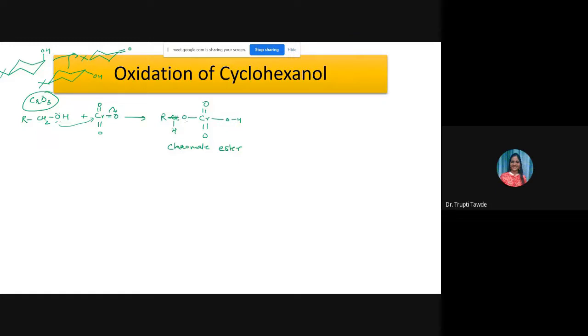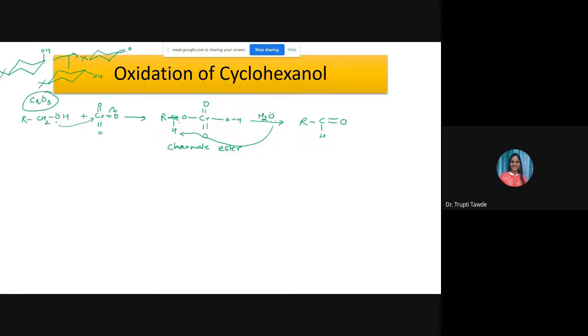So finally this oxygen is lost, and the water molecule will abstract the proton from this carbon so that I will have a double bond between the carbon and oxygen.